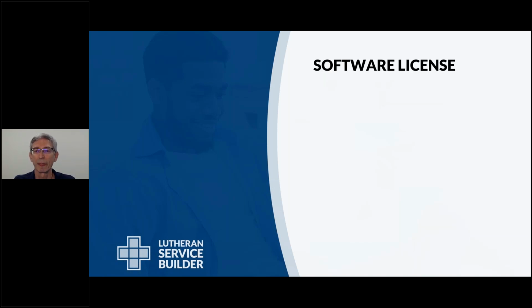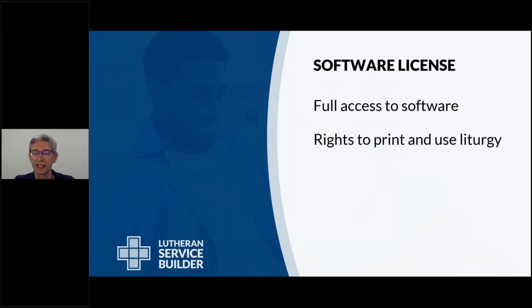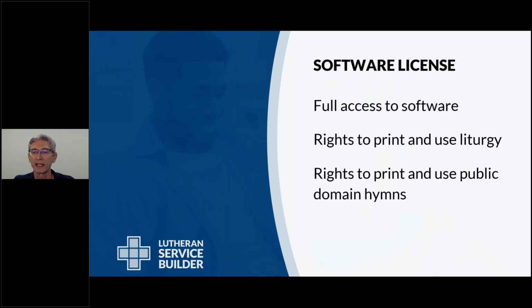Now, our next option up is the software license, and that gives you full access to the software itself. This is kind of where churches begin. That does give you the rights to print and use the liturgy right out of Lutheran Service Builder, and you can create your bulletins. Gives you the rights to print and use public domain hymns.